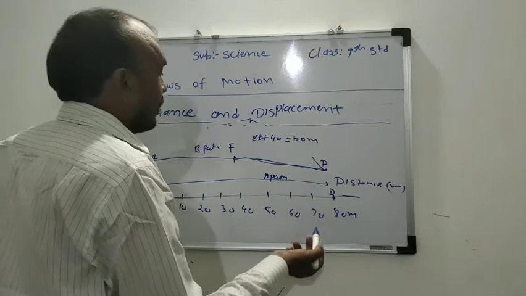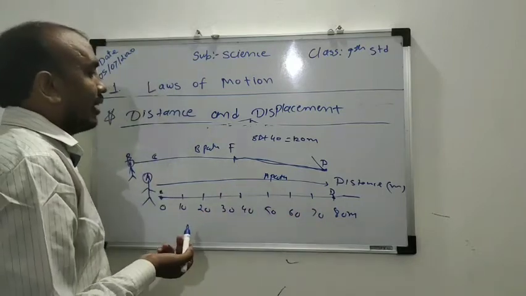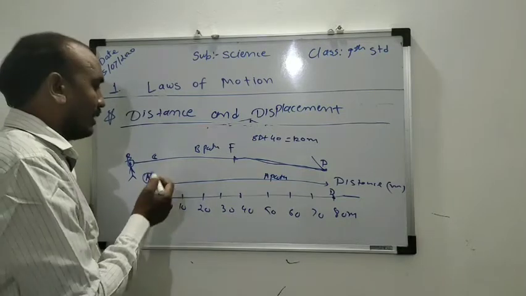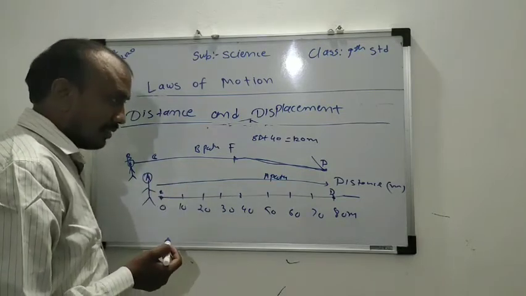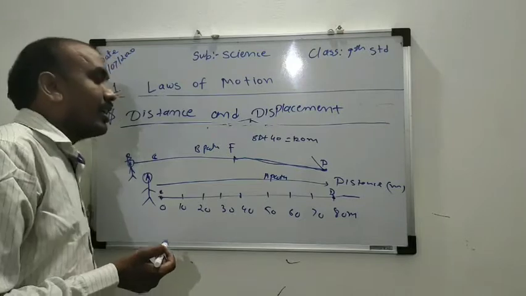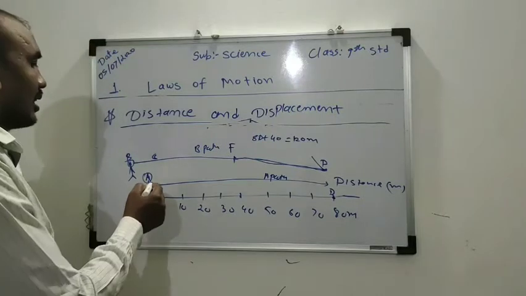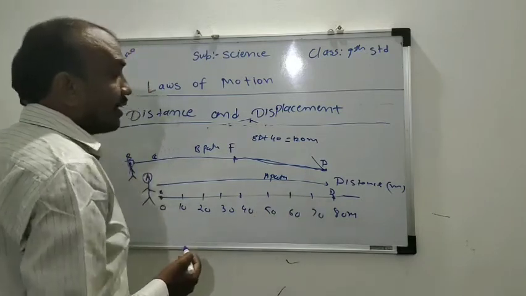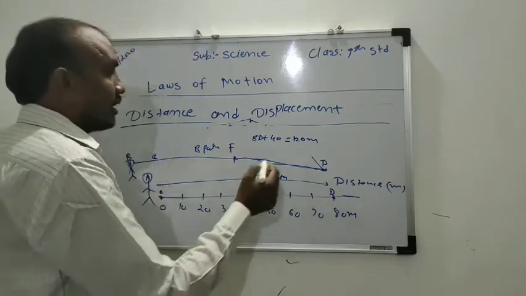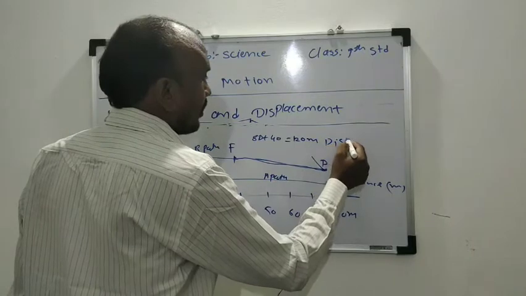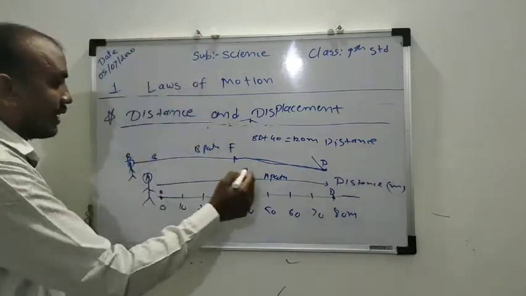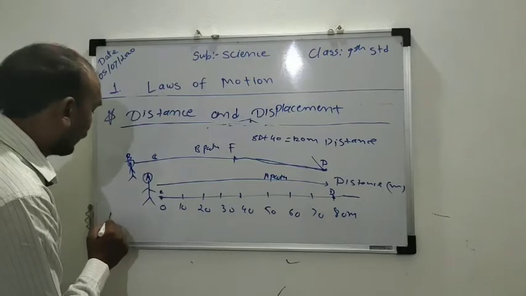Okay, fine. Next thing is, what will be the displacement for person A and person B? Yes. So displacement here means person A to D. The 80 meter is the distance. Okay, this is distance. And displacement from person A to B is displacement.